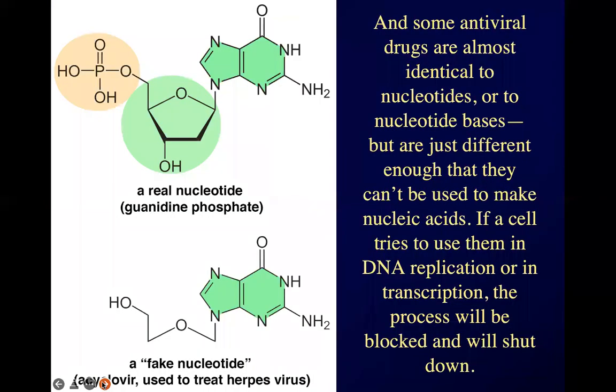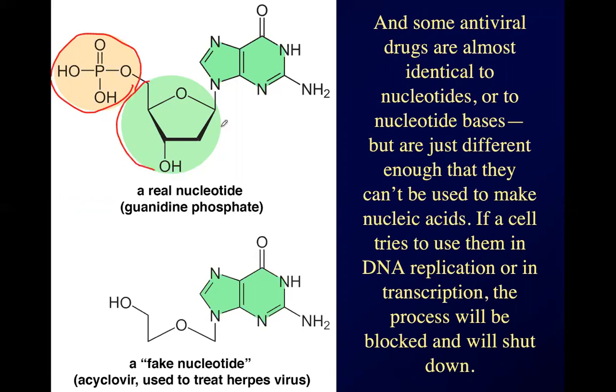But here's another antiviral drug. Up at the top, that's a real nucleotide. For the exam, you need to know nucleotide structure really well. You don't have to draw these formulas, but you need to know the parts. Up there at the top, I've got a phosphate group, and that's attached to a simple sugar.